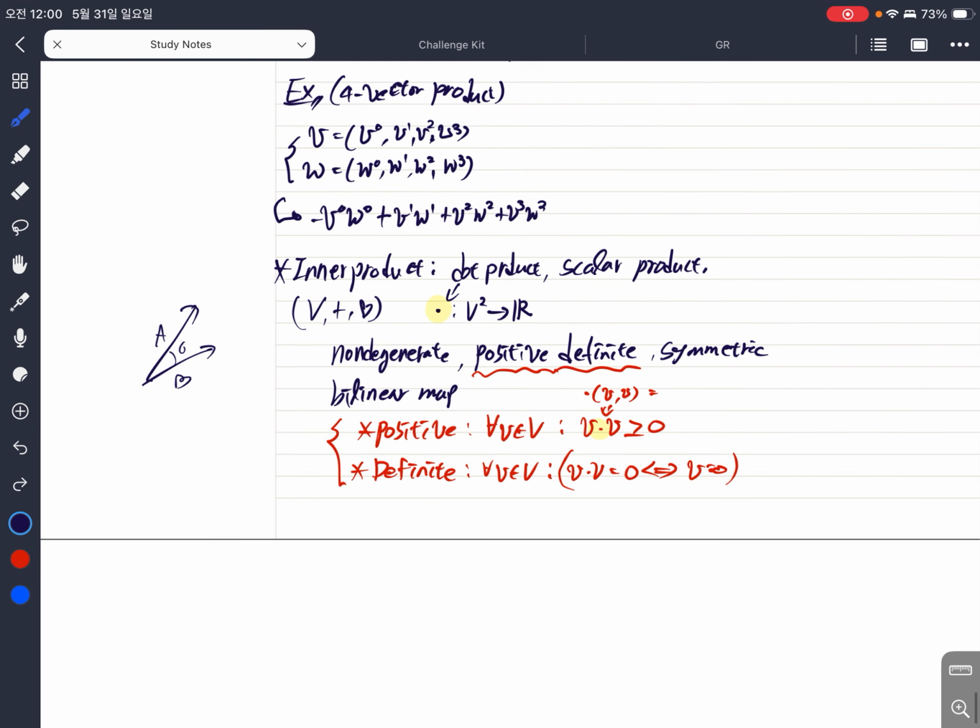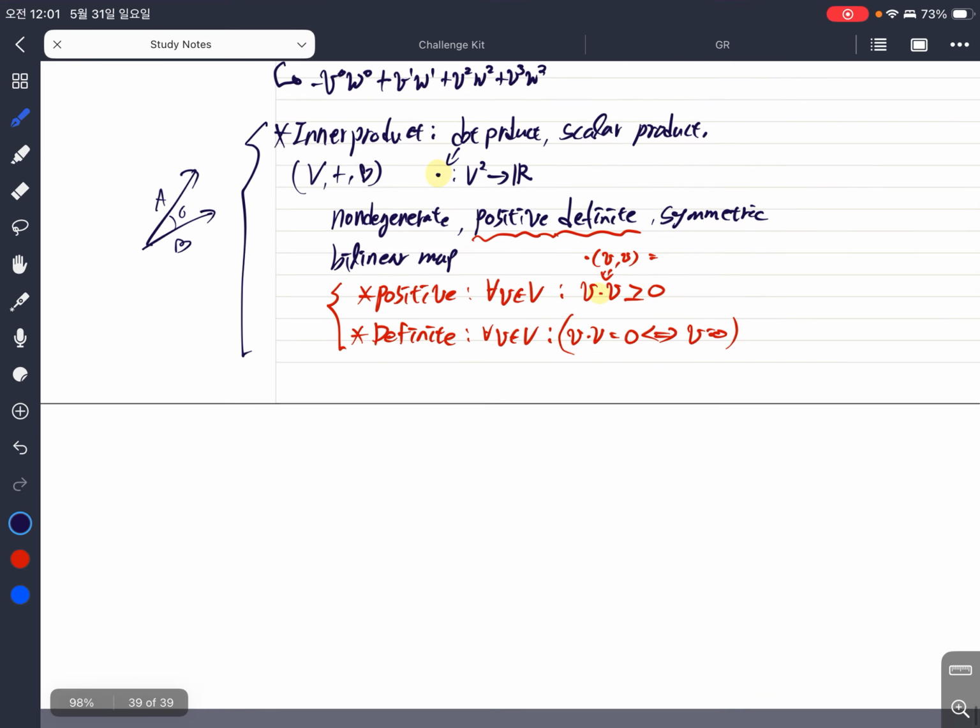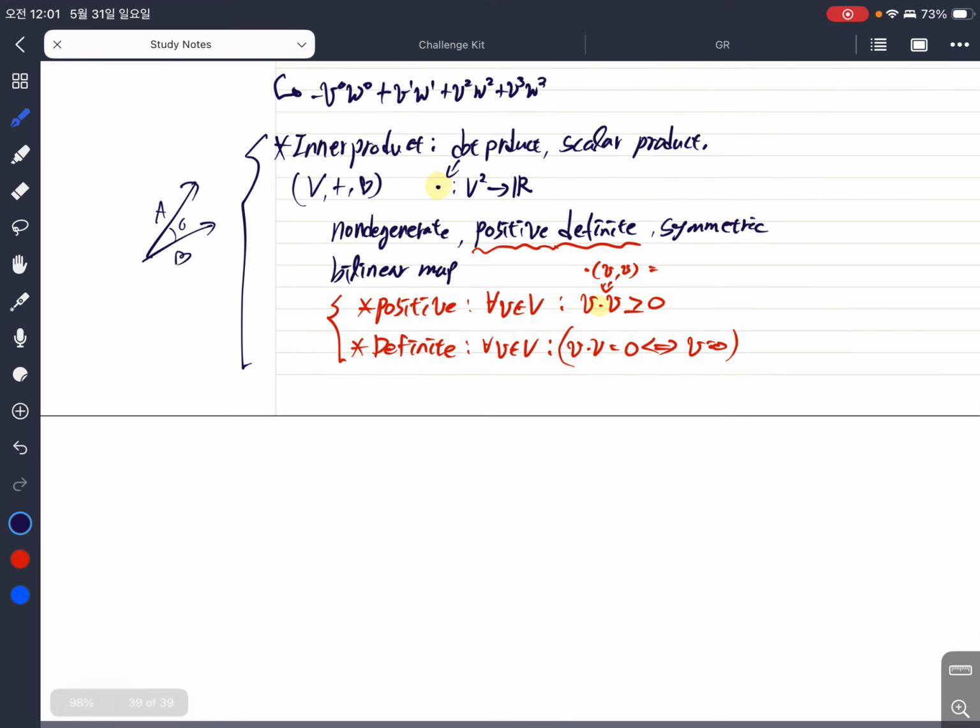But in fact, it is some extra structure. You don't need an inner product to define a vector space. It is a simple and intuitive thing, but a much higher-level concept, because you need to know the bilinear map, which is non-degenerate, and you need to know positive, definite, and symmetric, everything we have talked about until now.